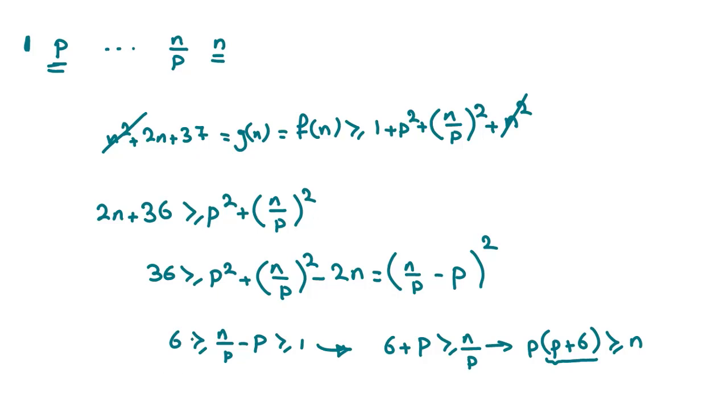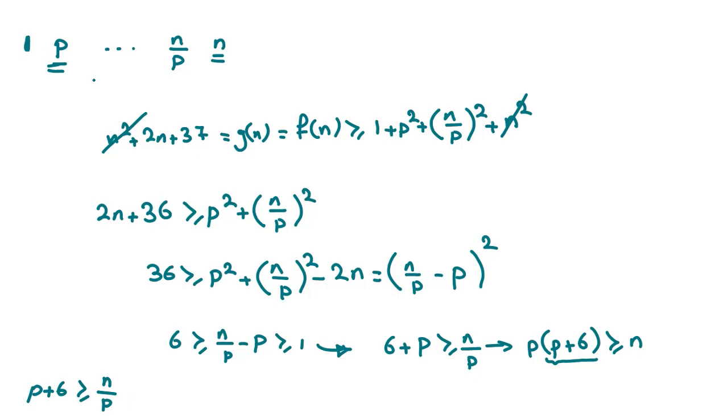Okay, so we consider two cases. If p plus 6 is prime, then we can conclude what? I think it's better to do another thing. Look, here, do you agree we said that n over p is less than or equal to p plus 6, okay?